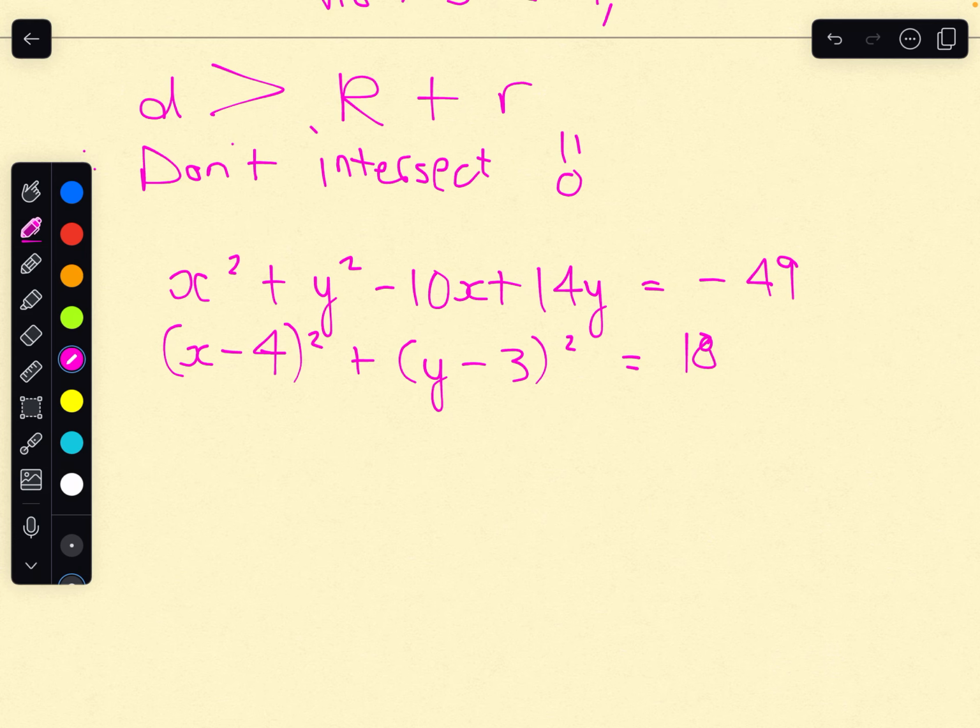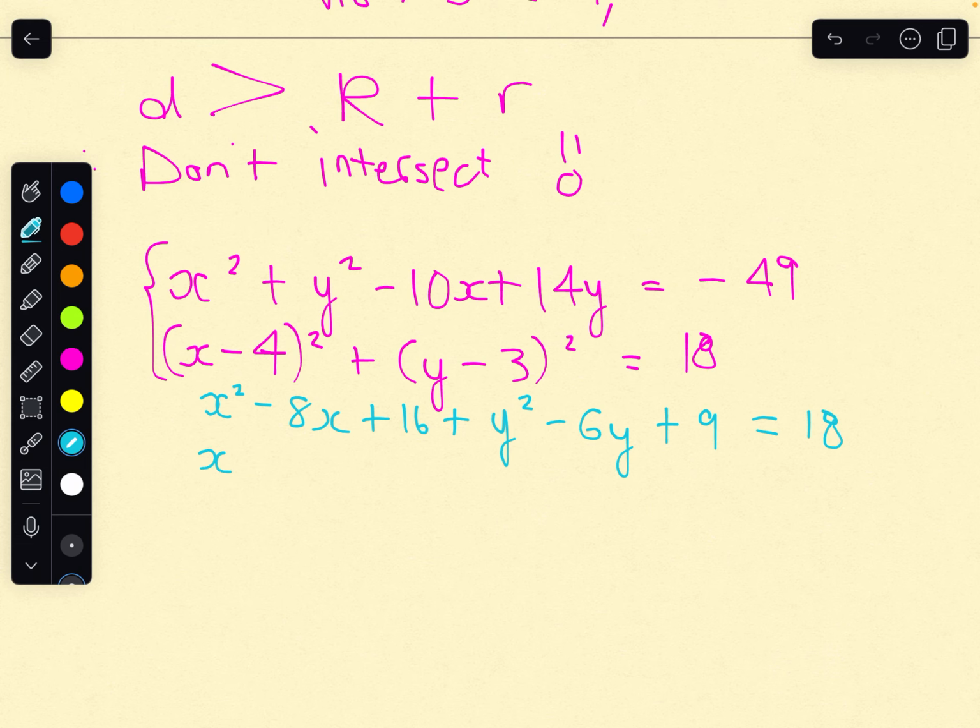So we want to solve these simultaneously and satisfy ourselves that there actually isn't an x and a y that satisfies both these equations at once. So this would be x squared minus 4x plus 16 plus y squared minus 3y plus 9 is equal to 18.